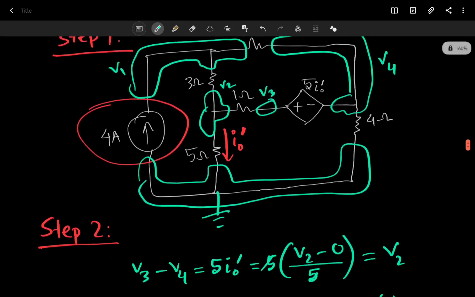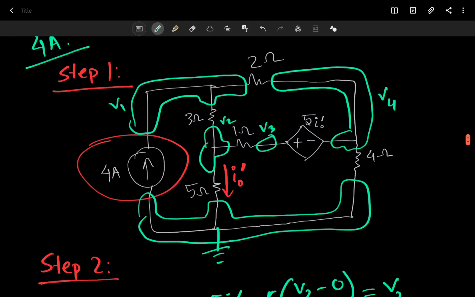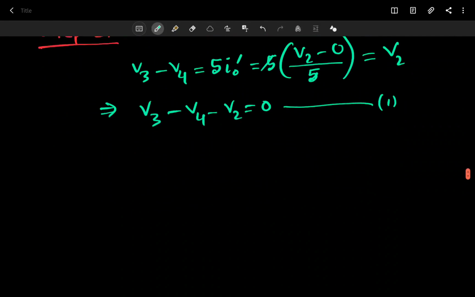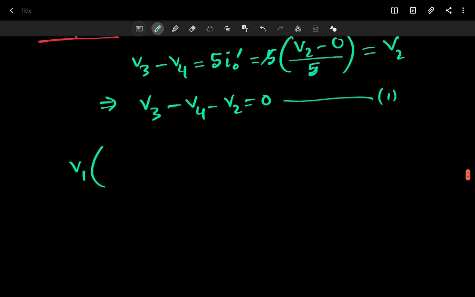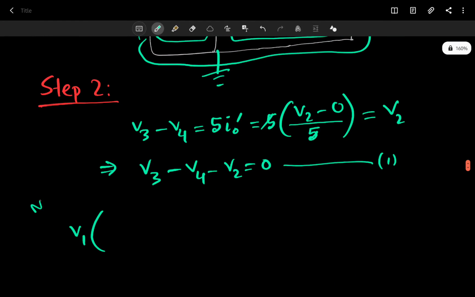Then we can write the KCL equation for V1. So we have minus 4, then we have 3 and 2 ohm resistors connected to that. So we write V1 times, we have 2 resistors. I'm writing this for node 1.